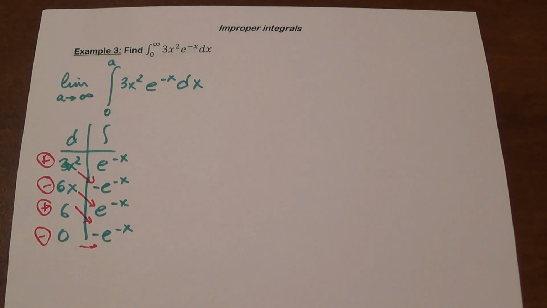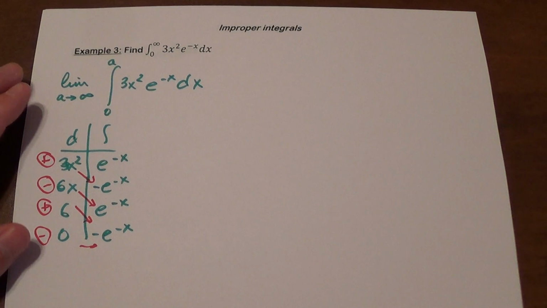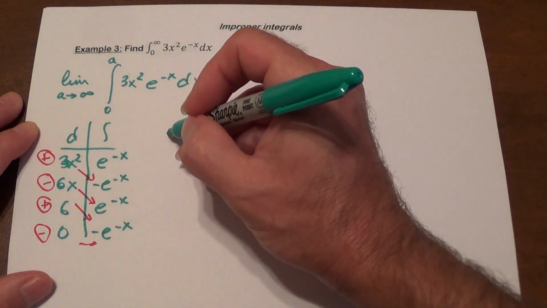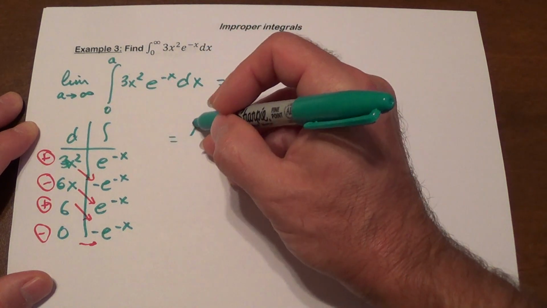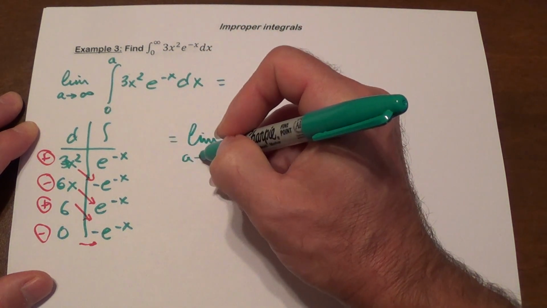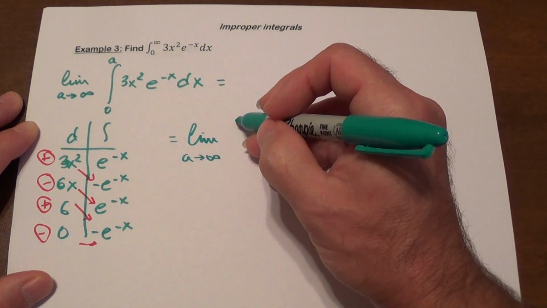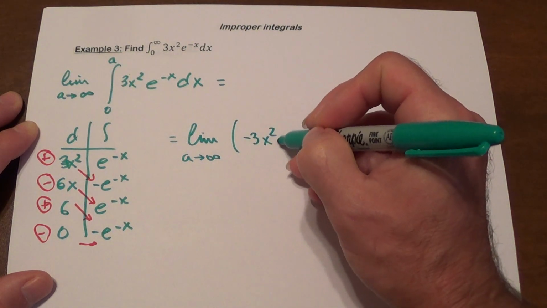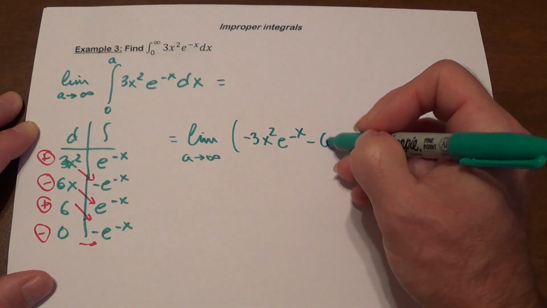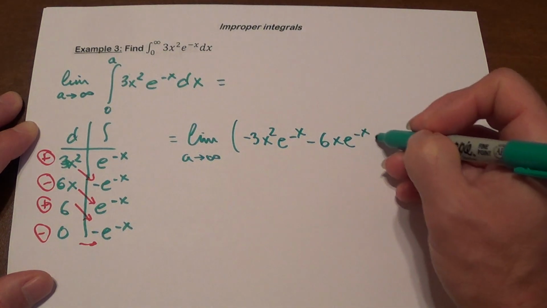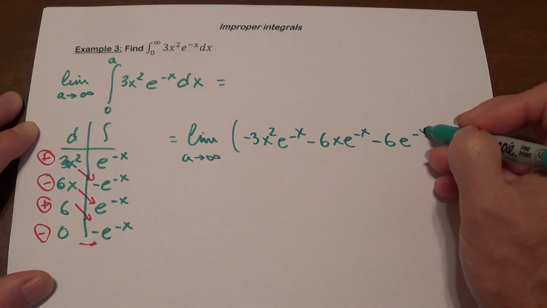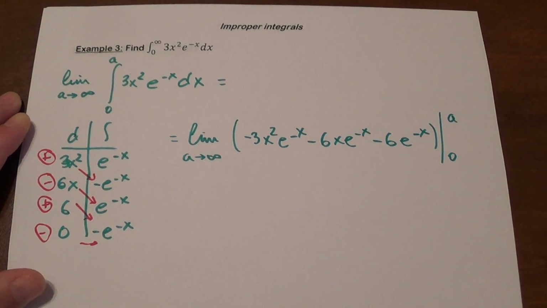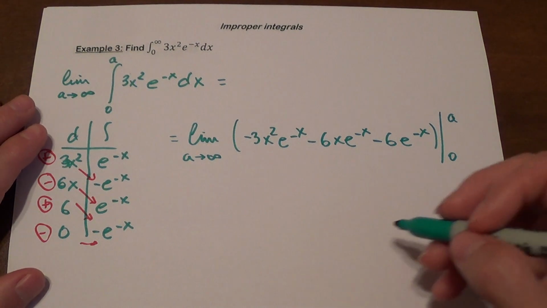So after that we can set it up with the whole thing. It's going to be a little bit busy at first. So now this integral here, when you do it, it's going to be the limit as a approaches infinity. We are going to get negative 3x squared e to the negative x minus 6x e to the negative x minus 6 e to the negative x, going from 0 to a. Now we substitute.